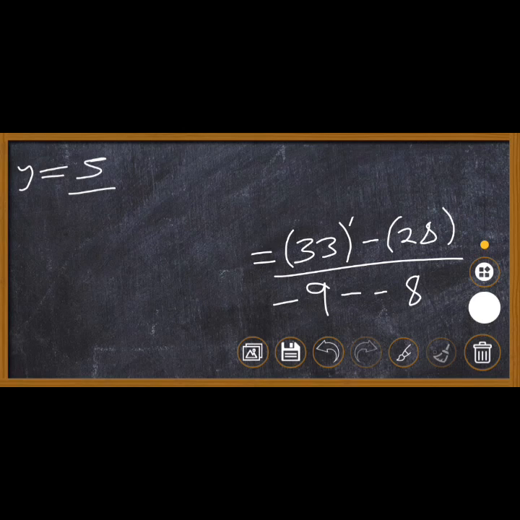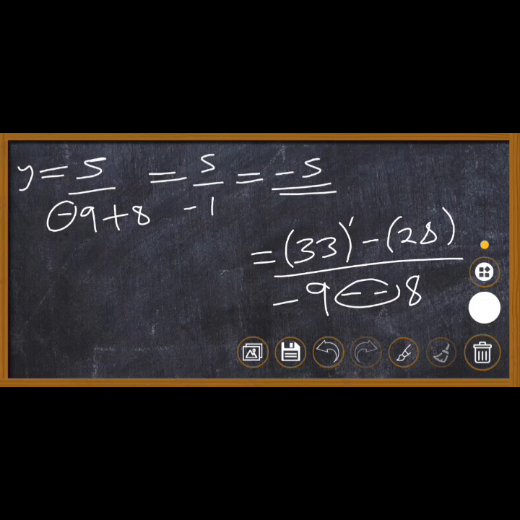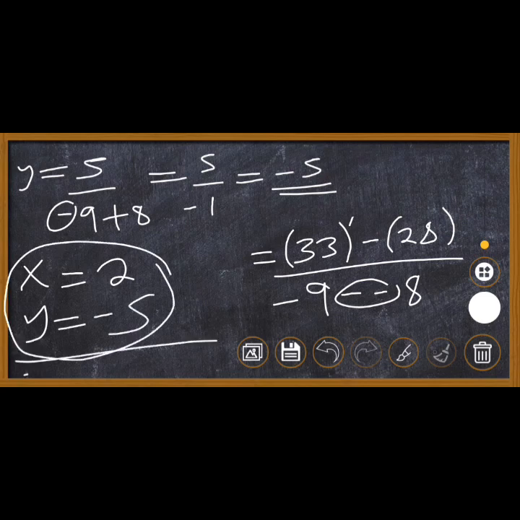And then negative 9, negative and negative, it's positive. So we have positive 8 there. So we have 5 over, what is negative 9 plus 8? It's negative 1, since negative is on the bigger number. So negative 1 into 5, we are going to have negative 5. So in this case, x equals 2, and y equals negative 5. So these are our values.